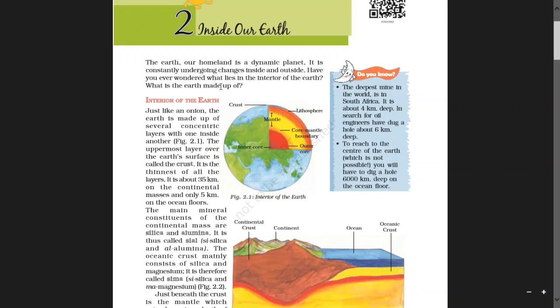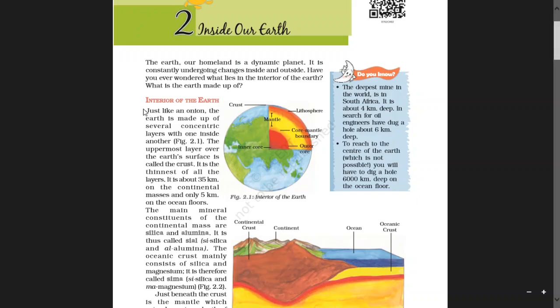What is the earth made up of? What is actually the earth made up of? Interior of the earth. See, the earth's interior, how is it? What is it made of?